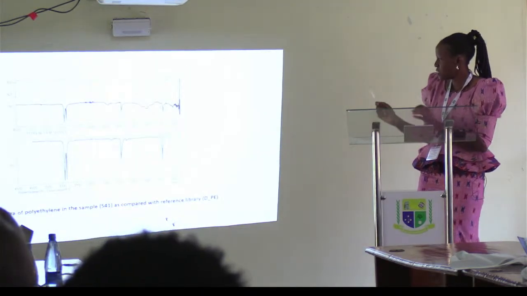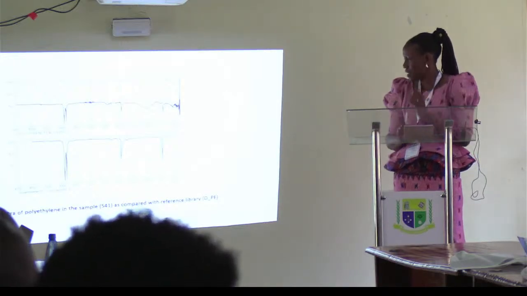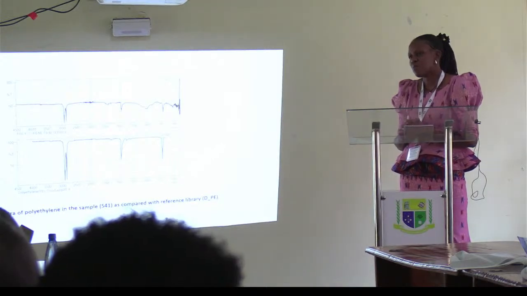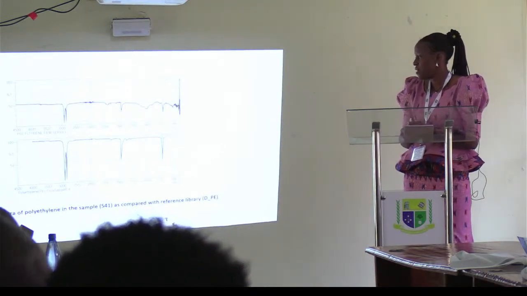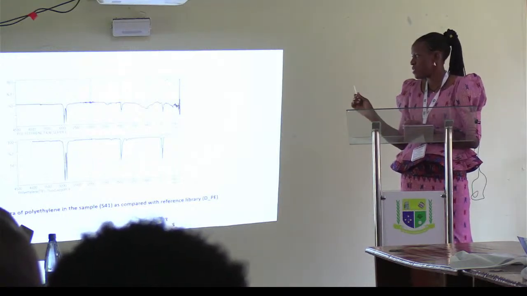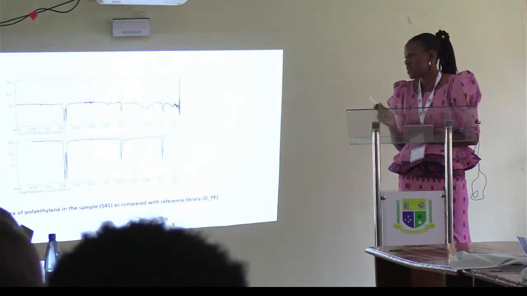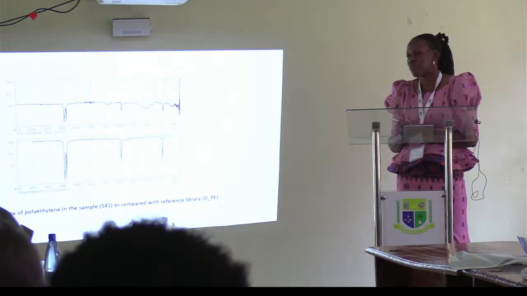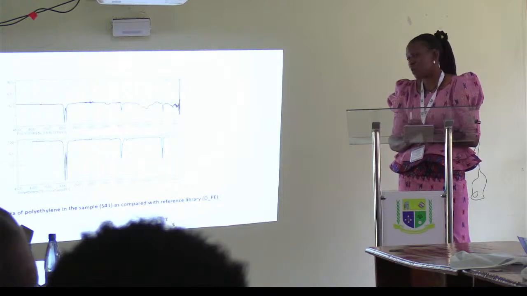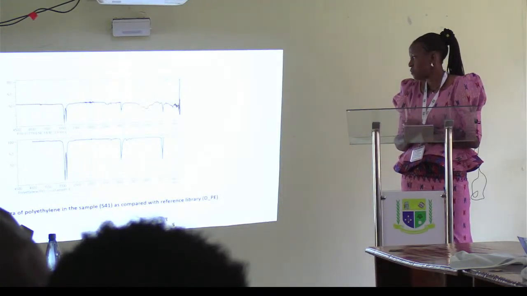So this was using an FTIR spectra, where we have a standard which we compare with our sample. We don't want to identify, let's say, polyethylene wrongly. So we have to be sure that during our characterization, for us to confirm that it is polyethylene, the spectra patterns of the standard and the sample should be more or less the same.